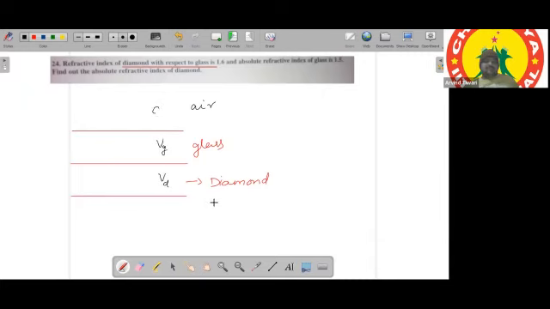Right? So if I want to find out the refractive index of glass with respect to air, that we also call the absolute refractive index, what formula will this be?